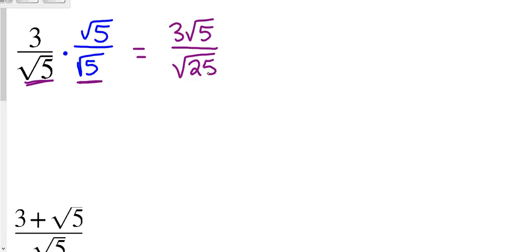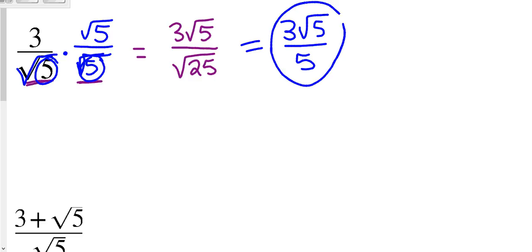Or, if you're comfortable with it, multiplying the square root of 2 numbers. The 5 and 5 are identical, and they just have a square root. The square roots would cancel, and you would end up with a whole 5 on the bottom, and that would be your final answer. Either way, when you take the square root of 25, you're still going to get a whole 5. That's rationalizing. We have gotten there's no longer a square root in the denominator. It is just a whole 5. That would be your final answer. Square roots in the numerator are fine.